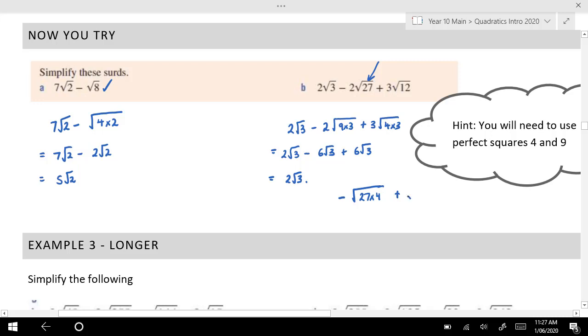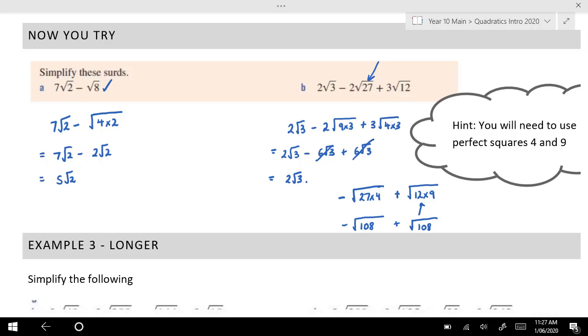If I was to bring that inside the square root 12, that would be 12 times 9. Well, 12 times 9 is 108, and 27 times 4 is also 108. So those are technically the same thing. So they're going to cancel out, and we're just left with 2 root 3.